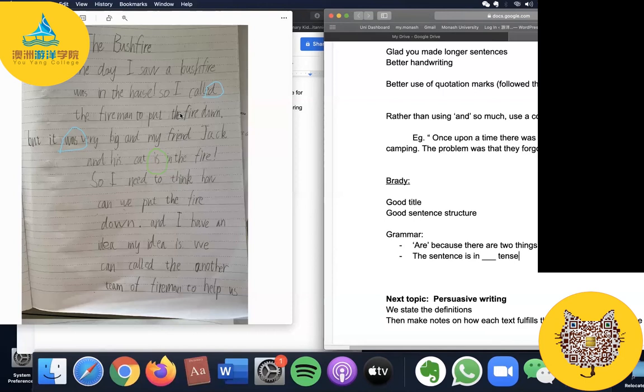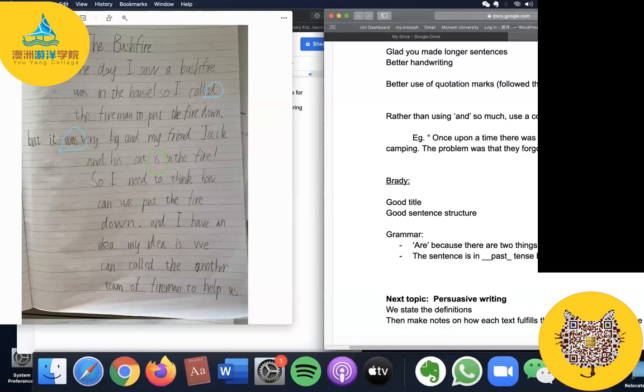Yeah. Like, I am going to the shops, or I went to the shops. There's a difference. Yeah. It is in past tense. How do we know it's in past tense? Because it's adding ed. Yeah.